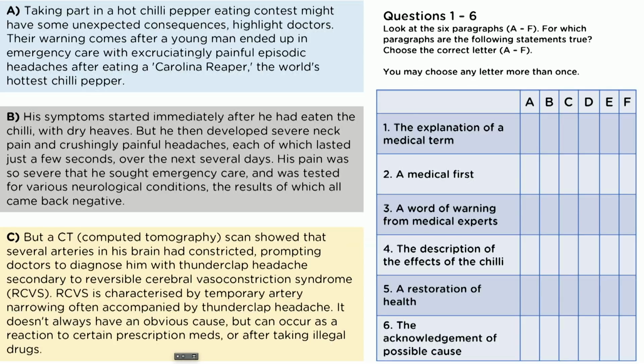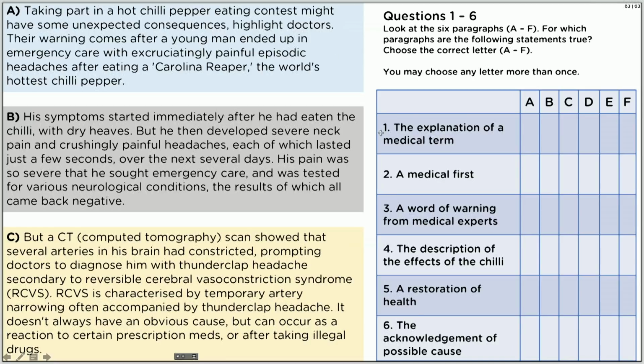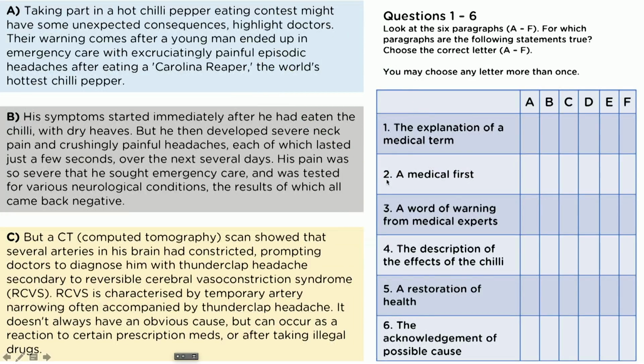So effectively, what you're asking yourself is, in this paragraph, is this information in A? Which of these bits of information are in here? Okay, that's what you're effectively finding out.